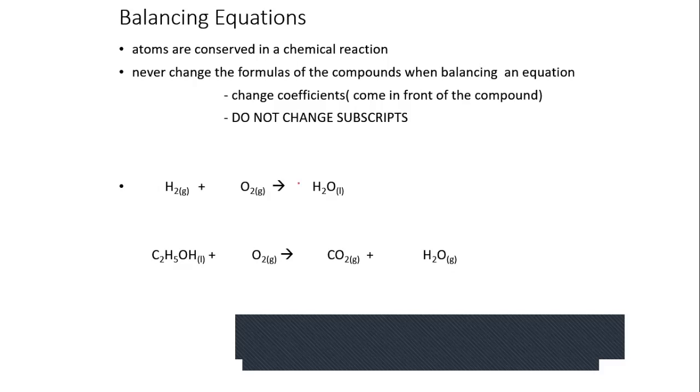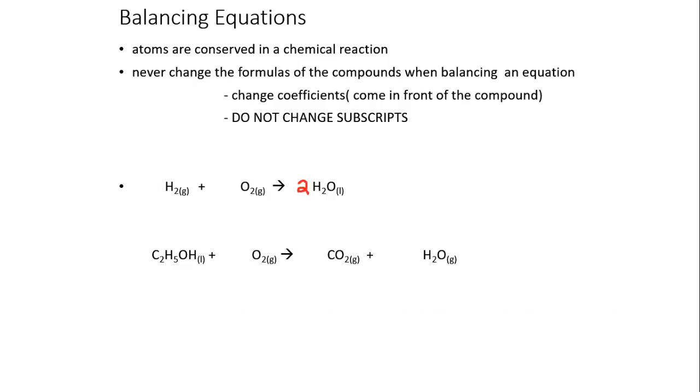So to balance the oxygen, we put a 2 here. Now the oxygen are balanced, but now you'll see that on the product side, we have 4 hydrogen. On the reactant side, we have 2 hydrogen. And so we have to put a 2 here on the reactant side to give us 4 hydrogen. And this is the balanced chemical equation.